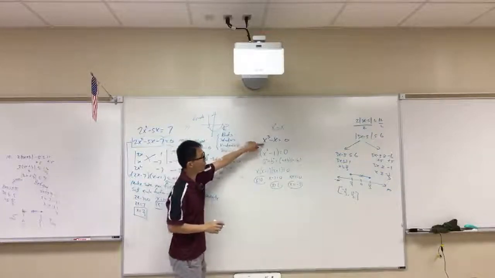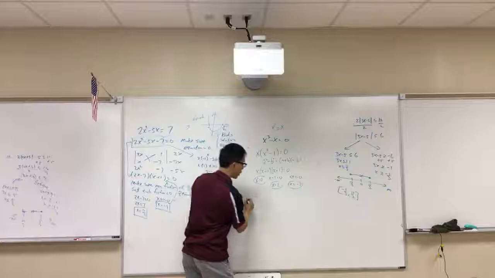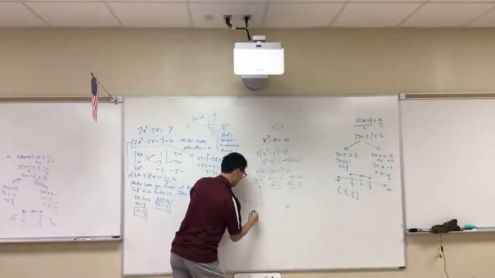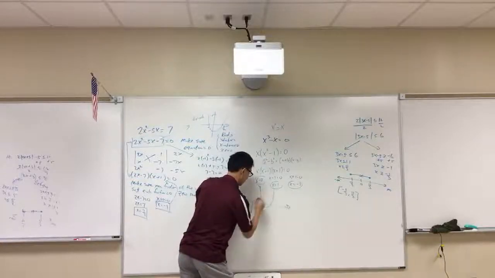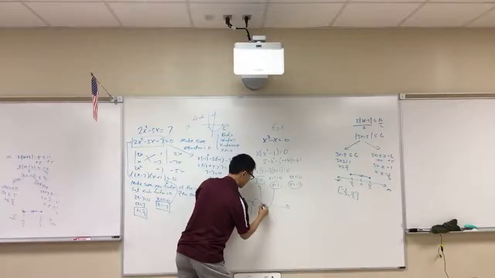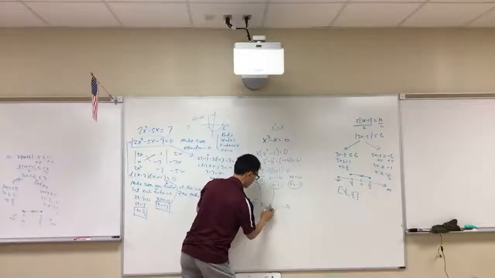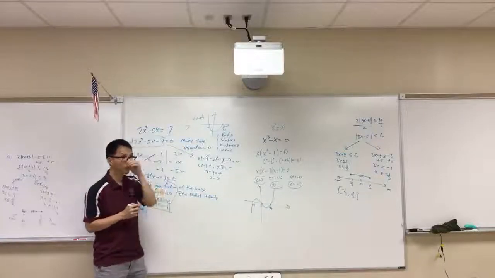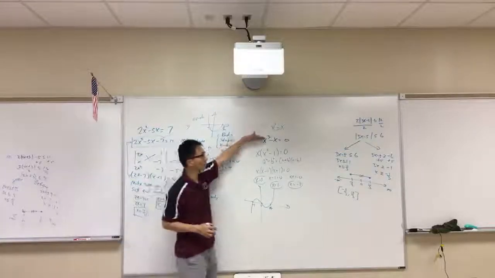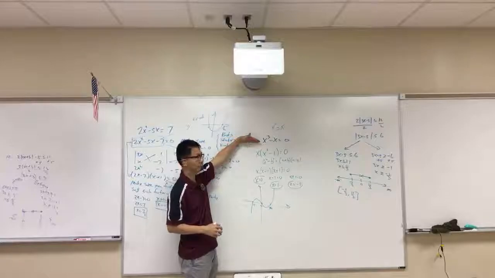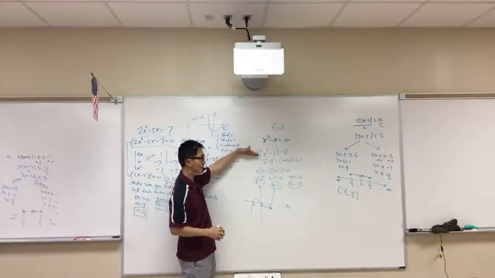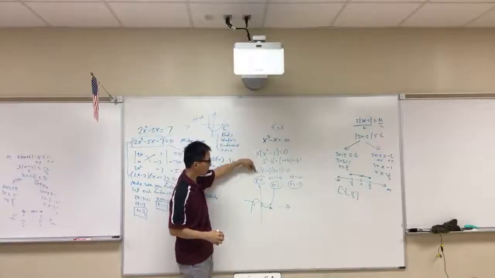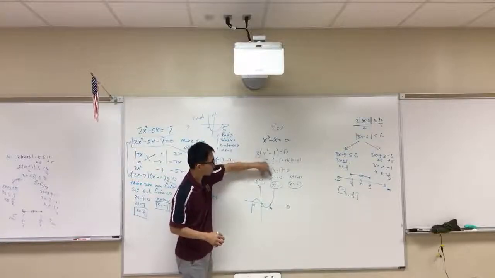If you graph this function, it will show up like this, and these are negative 1, 0, and positive 1. We're going to talk about this. Did you get confused by this part? So x equal to 0, x minus 1 equal to 0, x plus 1 equal to 0.